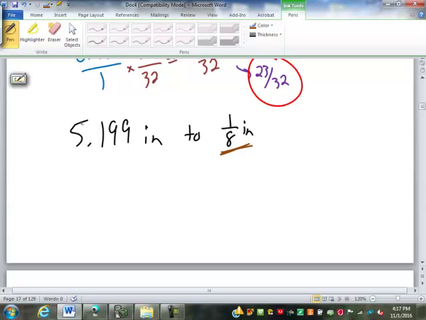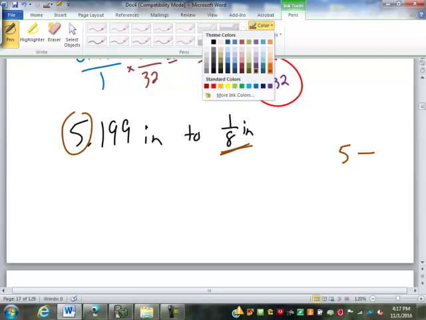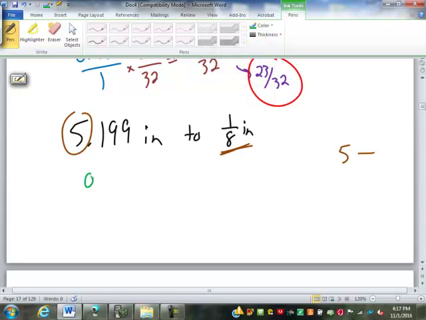I have a number in front of the decimal point here. That 5 changes absolutely nothing. It's 5 whole inches. That doesn't convert to a fraction. It's going to be 5 whole inches whether it's in decimal form or fraction form. So all I'm going to work with here is the 0.199.